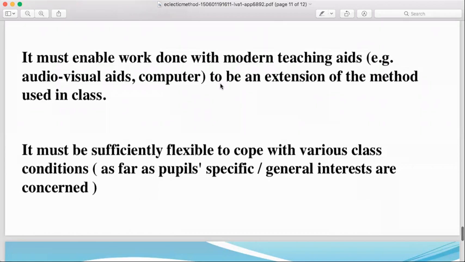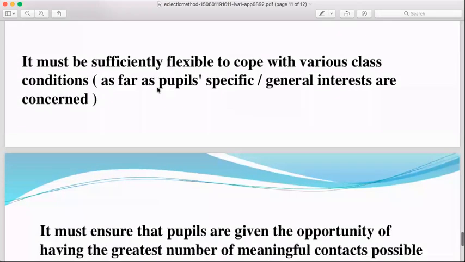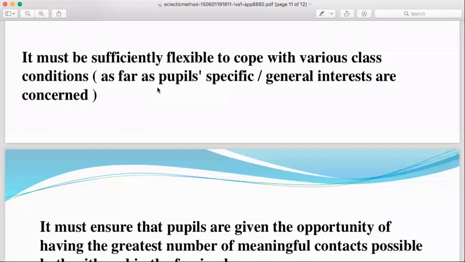I told you that there are modern teaching aids in the classrooms: audiovisual aids, computers, laptops, gadgets, cell phones, Wi-Fi, everything. The teacher can bring everything into the classroom, or she can ask that these things be provided to her.